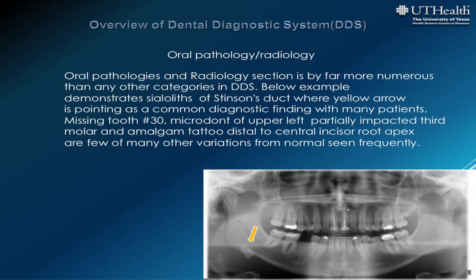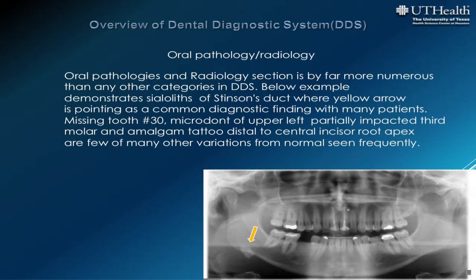Oral pathology and radiology section is by far more numerous than any other categories in DDS. The below example demonstrates sialolith of Stensen's duct, where the yellow arrow is pointing, as a common diagnostic finding with many patients.